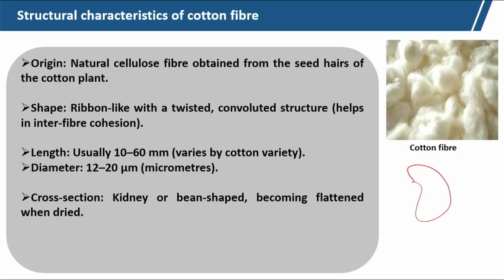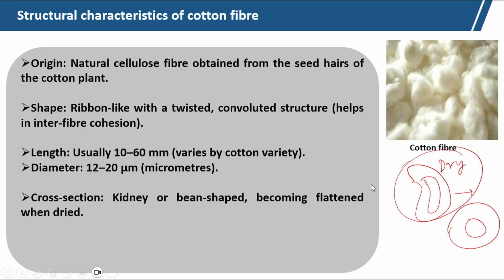In case we swell it, this is the lumen, if we swell it, it will be like a rod like structure, and when it is dry, this will be like a bean type shape. As the fiber becomes dry, the lumen collapses and it forms the bean type shape.